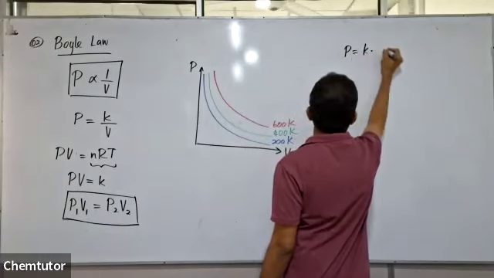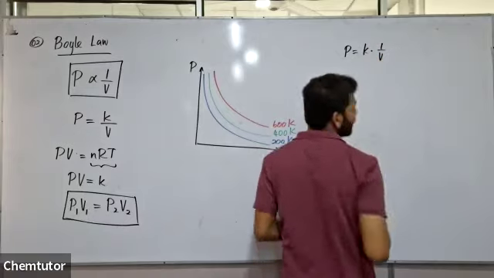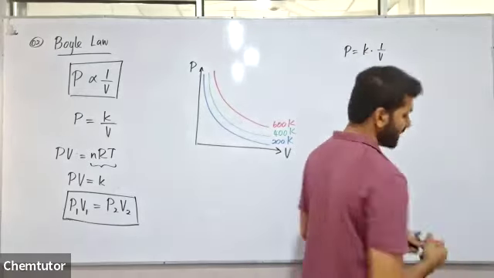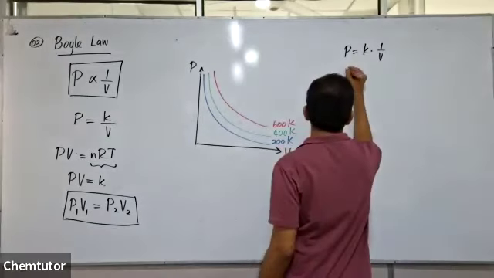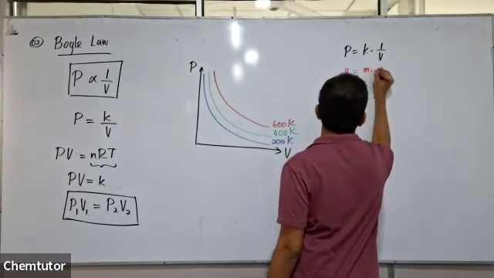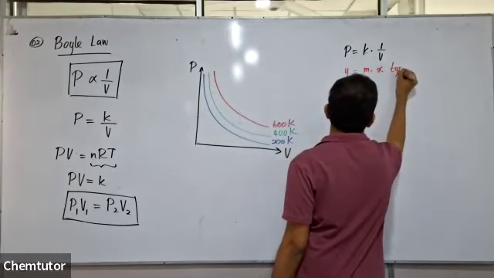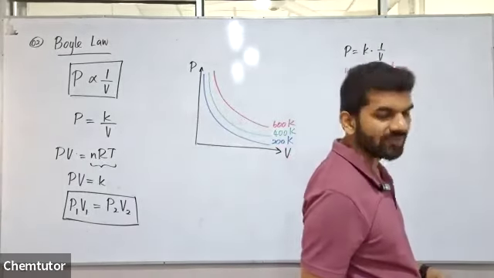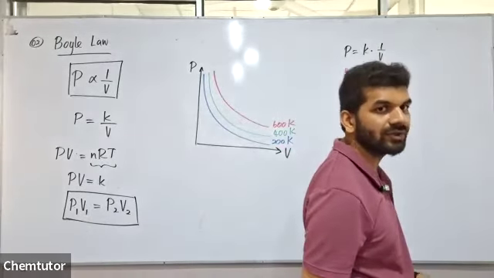P equals K times 1 over V. That is what we call P equals K over V. That means this is a y equals mx type, no? So if it is a y equals mx type equation, that means the graph is a straight line going through the origin.